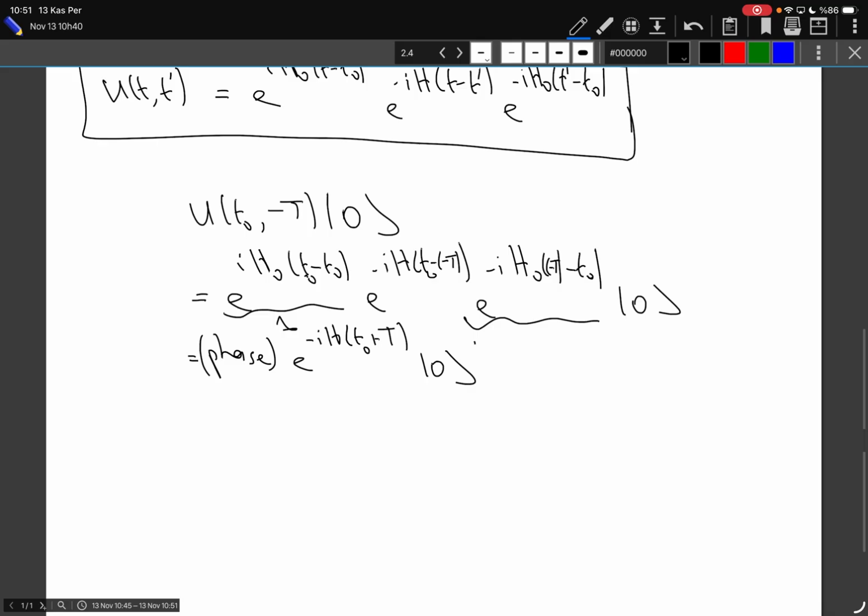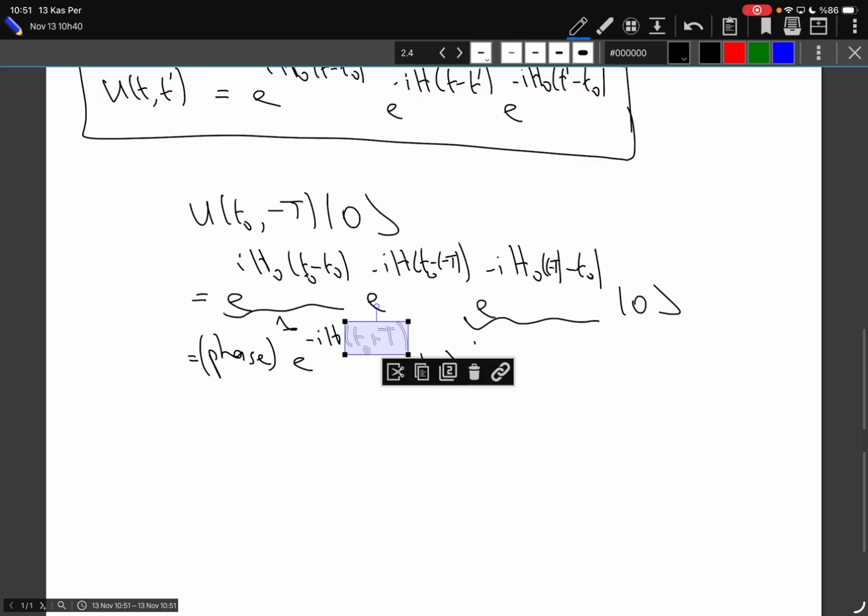acting on the vacuum. Now I can use the adiabatic theorem. You see, 0 is the ground state at t equal to minus infinity. I am slowly turning on the interaction for a time t0 plus t, which is a very large time. Eventually it's the full theory. After such a long time, the potential is fully turned on, so that after that time, my Hamiltonian is the full Hamiltonian of the system.